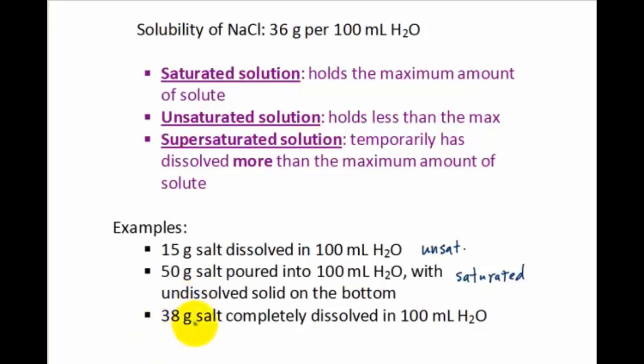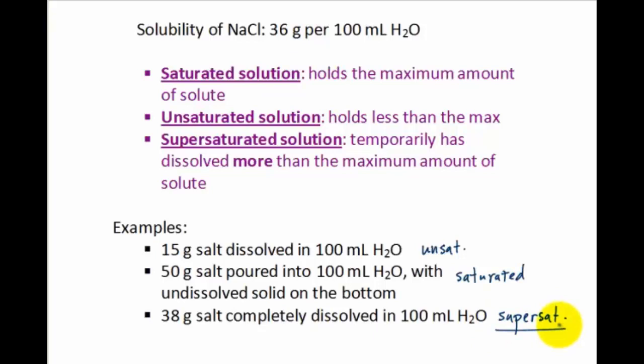What if, by some means, we were able to actually get 38 grams of salt to be actually completely dissolved in 100 milliliters of water? Well, since the normal solubility is just 36, that's actually a supersaturated solution. And how would you do that?